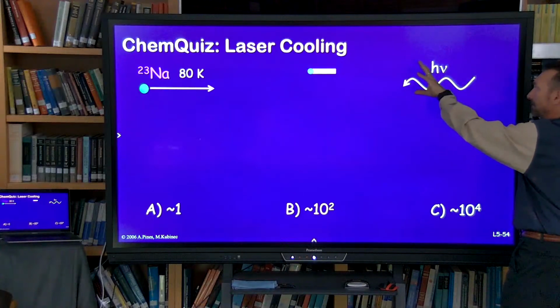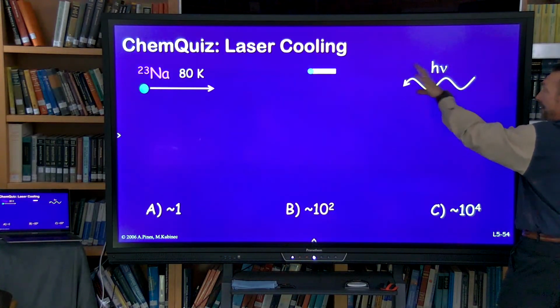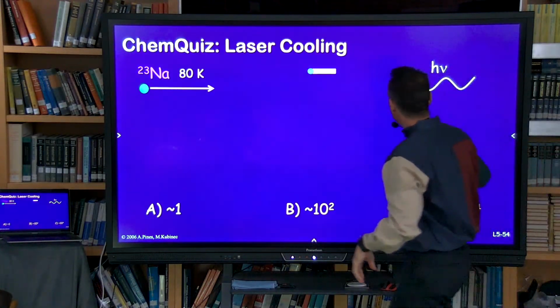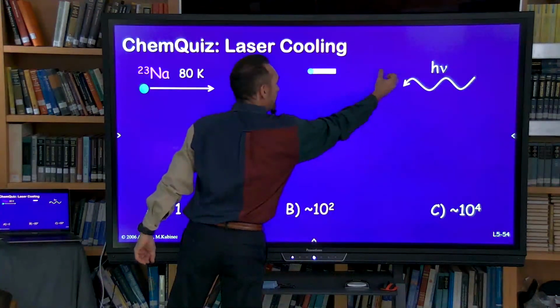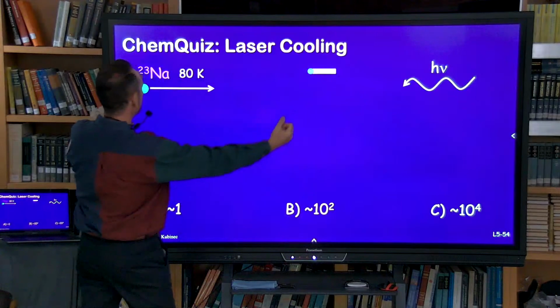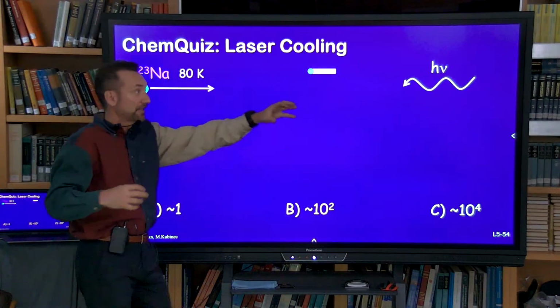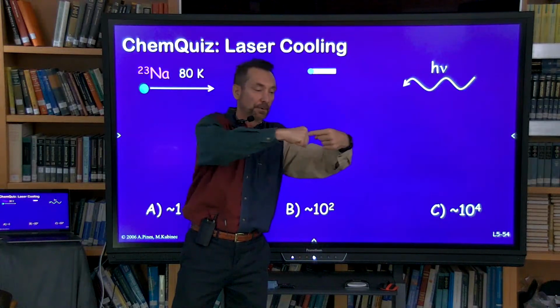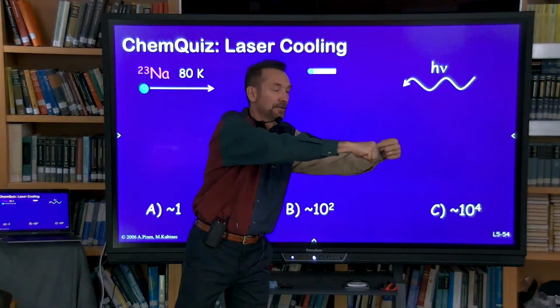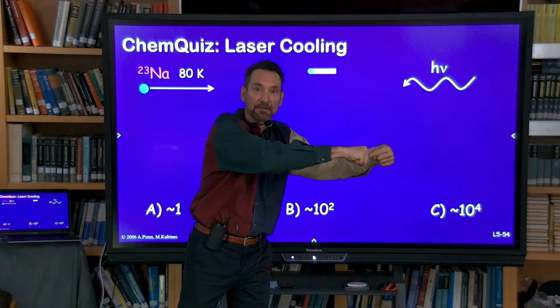The light particles have a certain momentum, and you want enough light particles, add up the momentum of each little light particle hitting the sodium so that in comes the sodium and particle of light slows it down to near a stop.